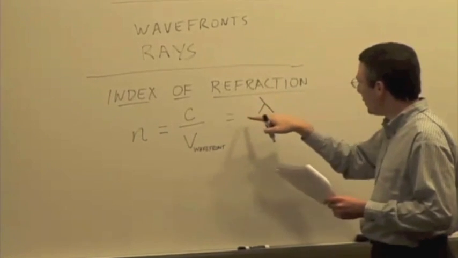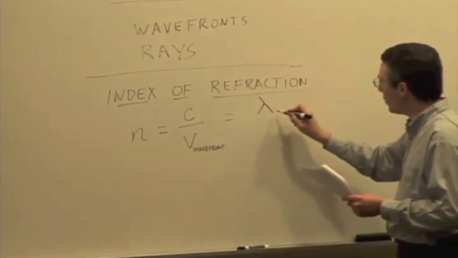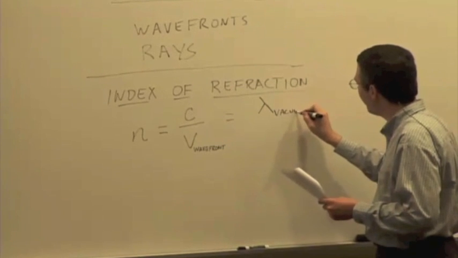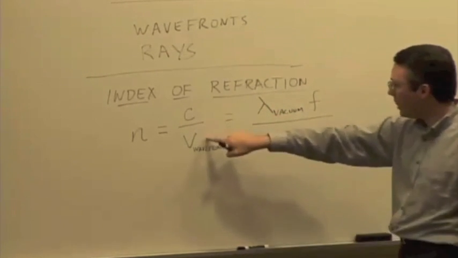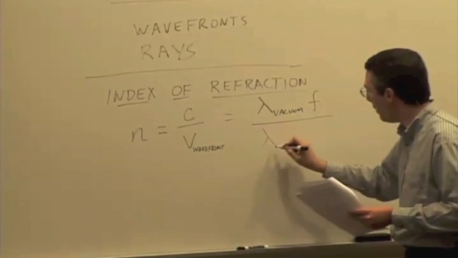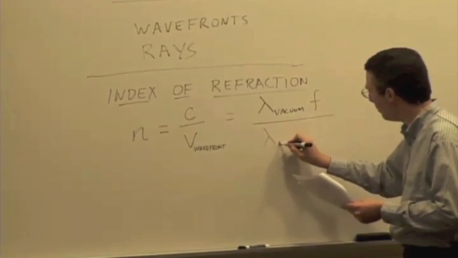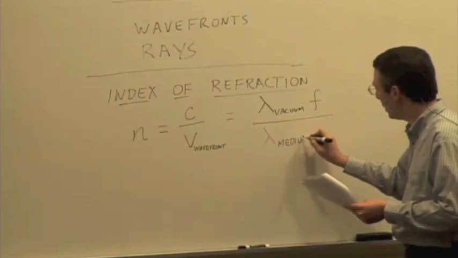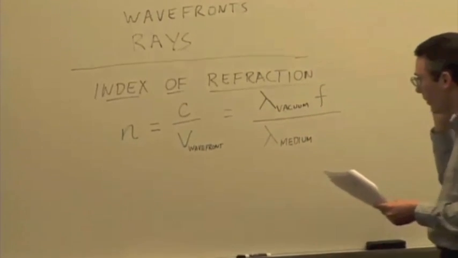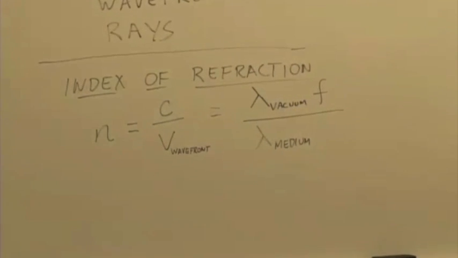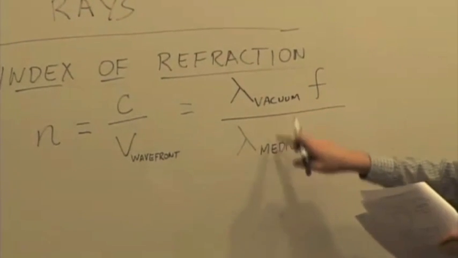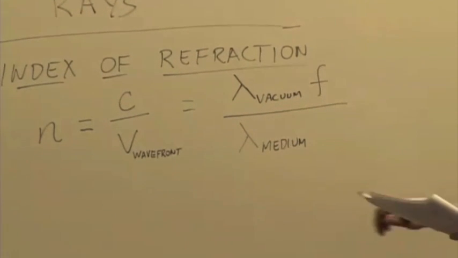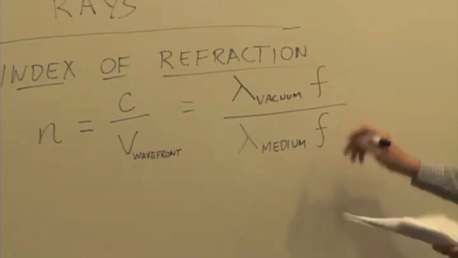Okay? But again, because we can compare these two speeds, we can say the speed of light in vacuum is going to be the wavelength in vacuum times the frequency. And the speed of the wavefront is going to be the wavelength inside the medium times the frequency. And when I say the word medium, I just mean some material that the light is traveling through. Okay, so speed in vacuum, lambda in vacuum, versus lambda in medium, times the same frequency.